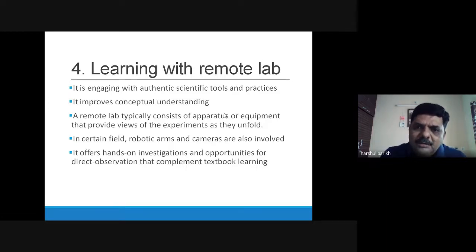So this kind of pedagogy is based on improvement in conceptual understanding, the concept behind the basic principles, that can be learned with the remote lab.